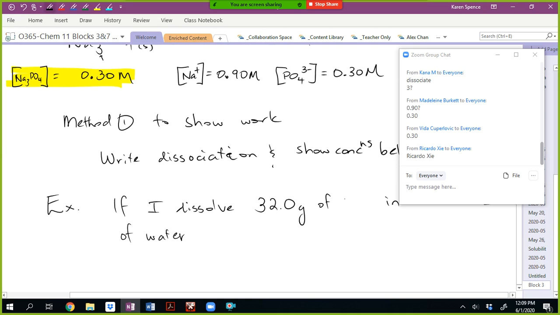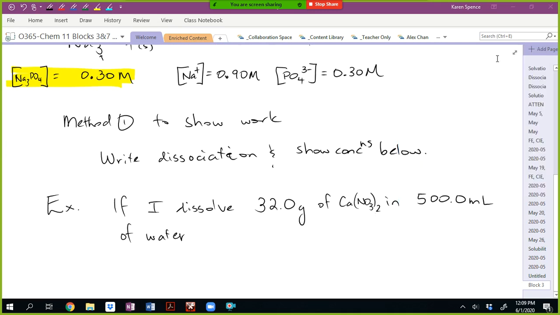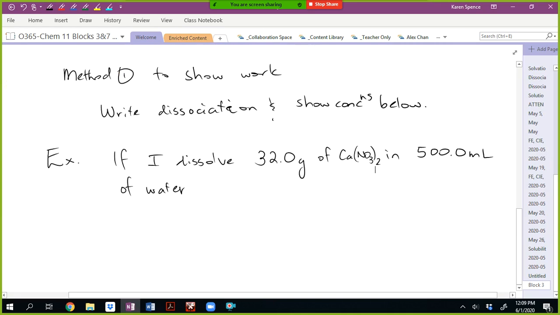No, see, I told you it wasn't going to be sodium chloride. Calcium nitrate. There we go. So if I dissolve 32 grams of calcium nitrate in 500 milliliters of water, what is the concentration of each ion?